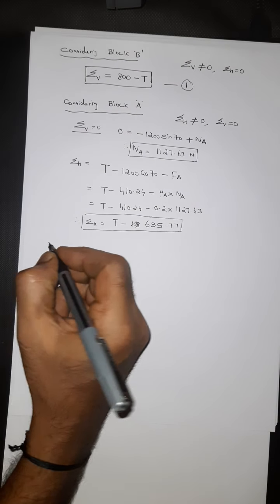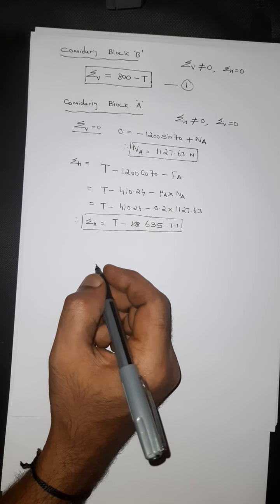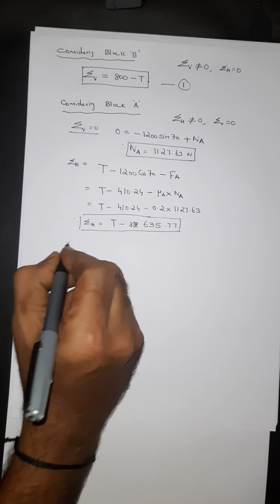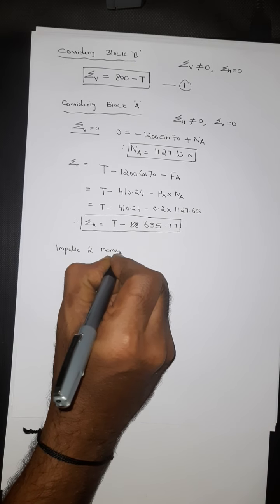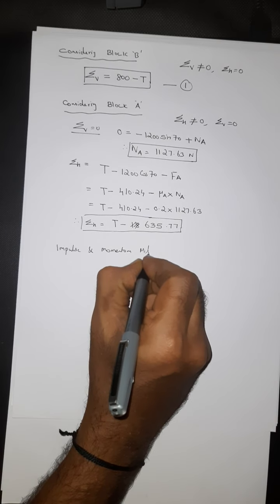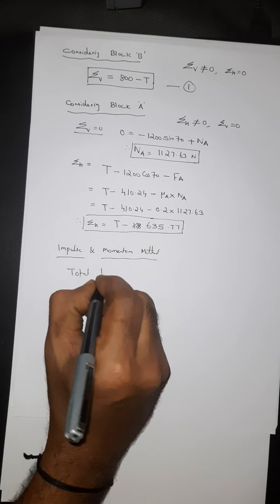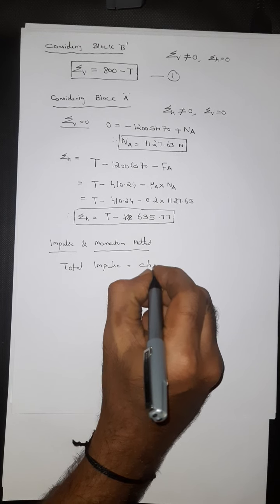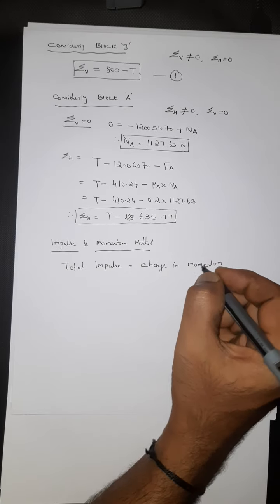So now I am going to use the impulse momentum principle. Impulse and momentum method, which is: total impulse is equal to change in momentum.